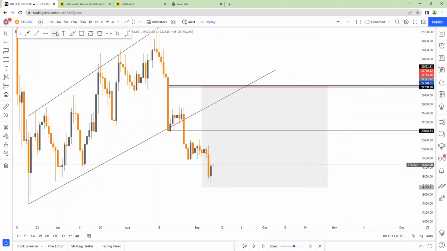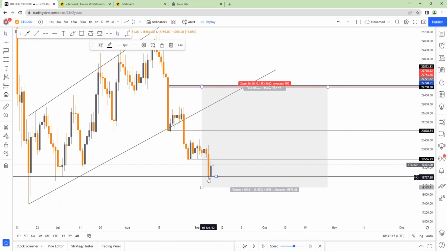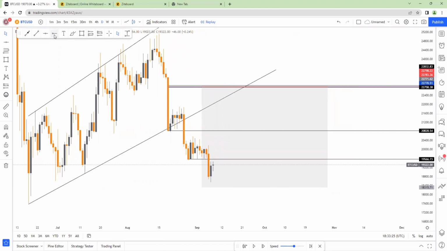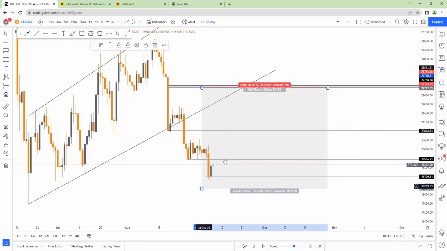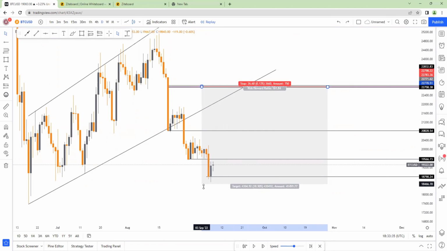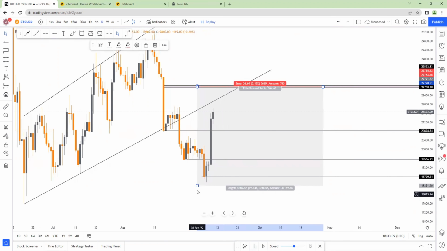Okay, here will be my second one, and this one will be my third. Let's see if price will break above. And here will be my last one.